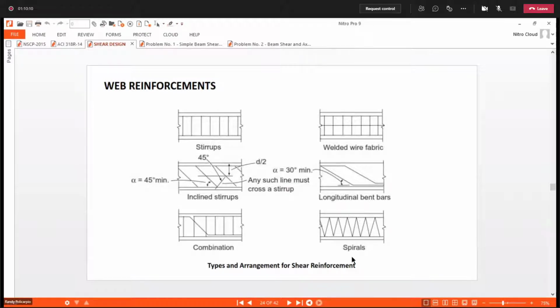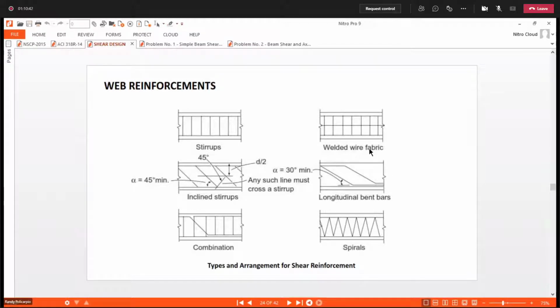There is also web reinforcement in the form of a spiral, in columns, especially when your columns are circular members. When the cross section is circular, it is better if your web reinforcement is spiral, wound around.